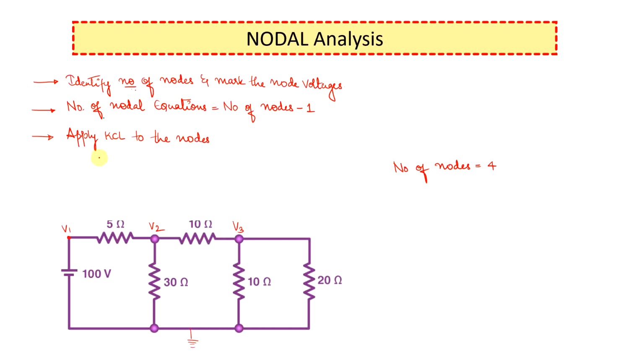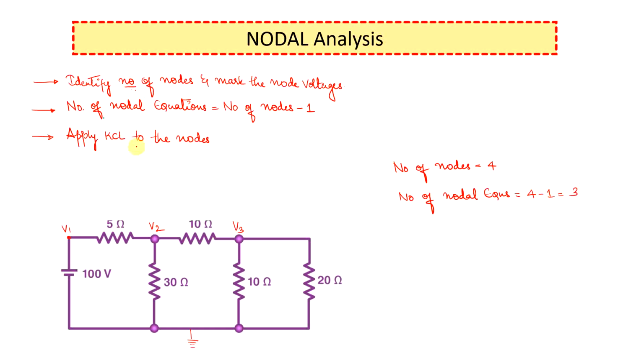I need to identify how many nodal equations I will get. Okay, so the number of nodal equations will be equal to the number of nodes minus 1. In this case, the number of nodes, that is 4, minus 1, is equal to 3.